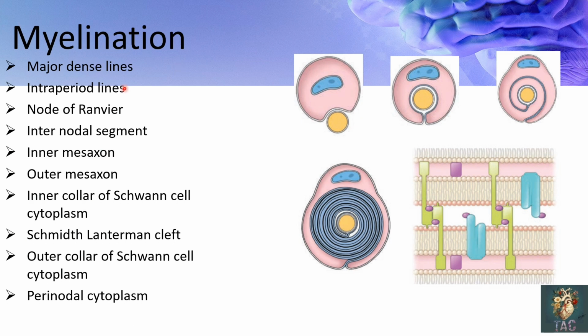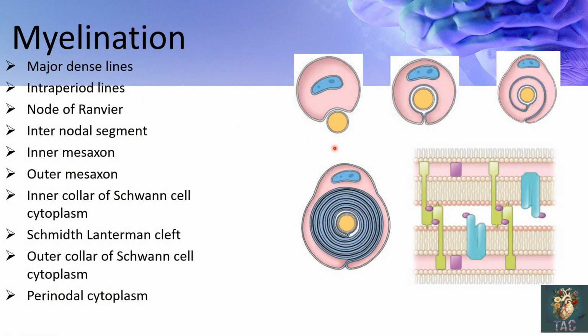Also, you can see when these outer leaflets meet with each other and fuse, they create light colored lines. In between these darker lines you can also see the lighter lines, and these lighter lines are called intraperiod lines.